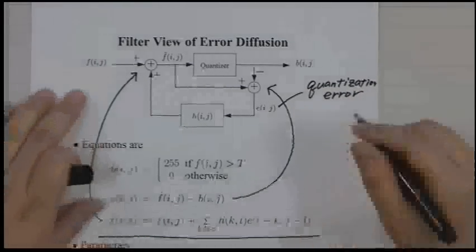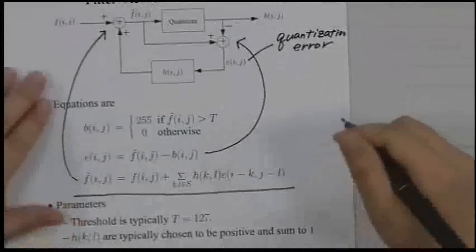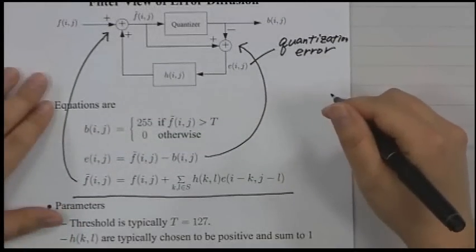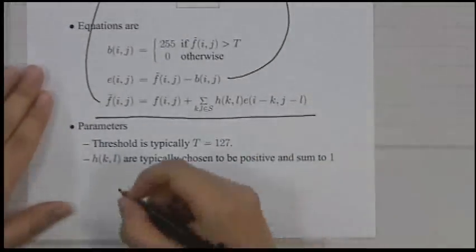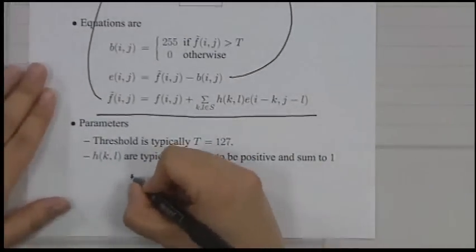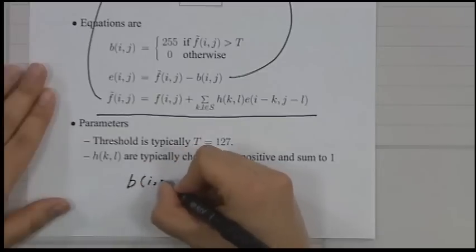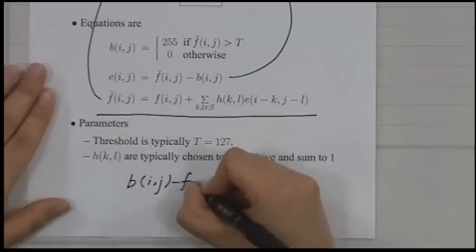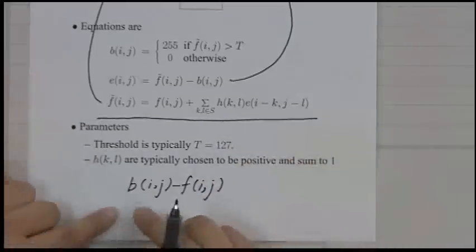Another error is, let's see, maybe here, Bij minus Fij.